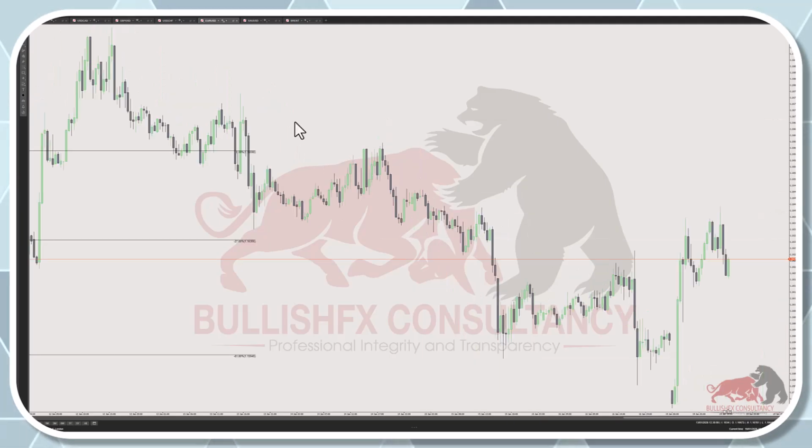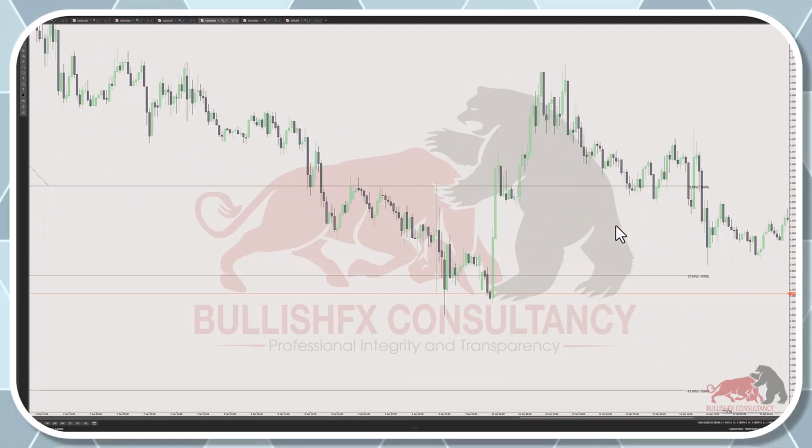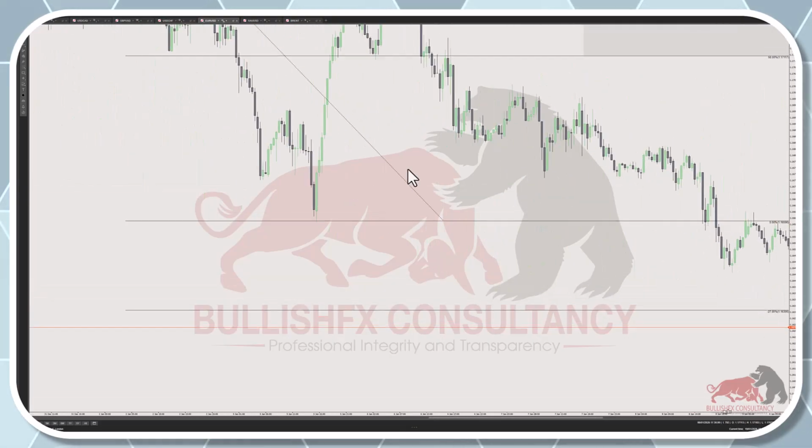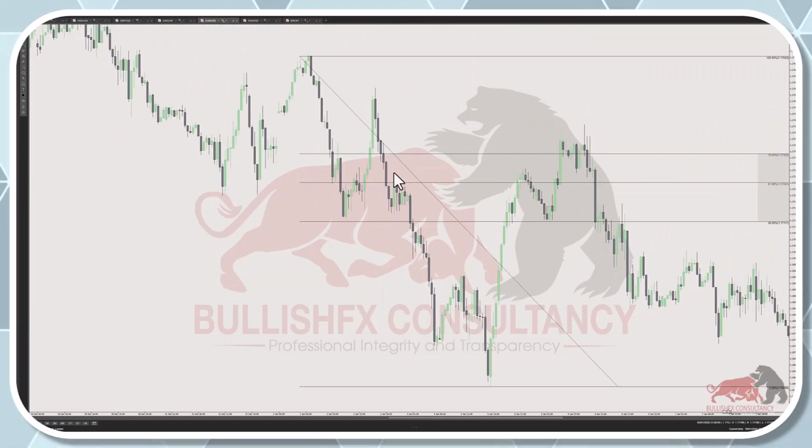If you're scalping, you can go as low as the 30-minute time frame, right? You can see this is our expansion from here to here. That's our expansion that we are measuring here. Look at this bearish candle here. Where did it find resistance?